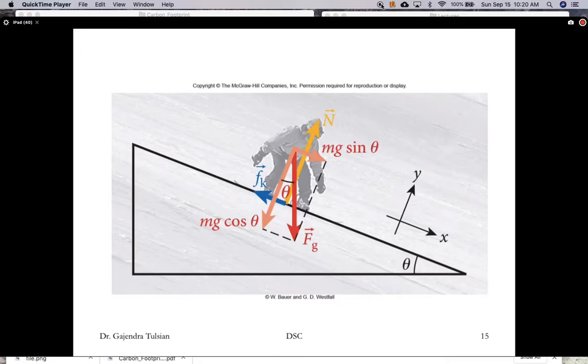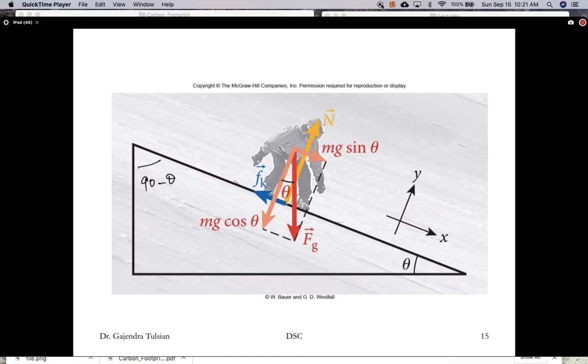Okay, we will deal with objects sliding down inclines, so you need to know these components. Again, the force of gravity on this person is straight down. Now here's the incline, that's the angle of the incline, and you see this angle is 90 degrees, so this is 90 minus theta.